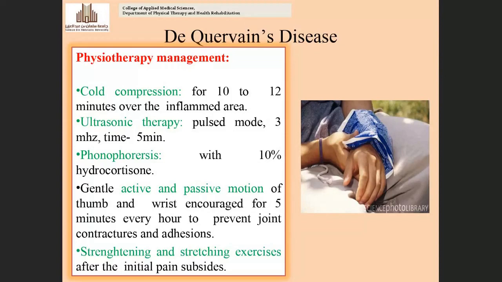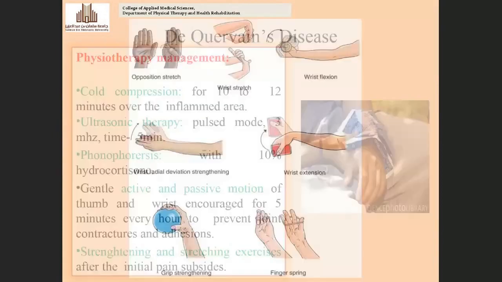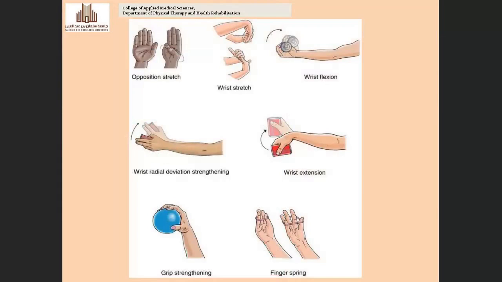Apart from that, we have to give some active and passive motions of the thumb and wrist for 5 minutes every hour. Along with that, teach important strengthening and stretching exercises to reduce pain, improve the range of motion and build muscle strength. These are some common exercises which can be given as home treatment for the patients.